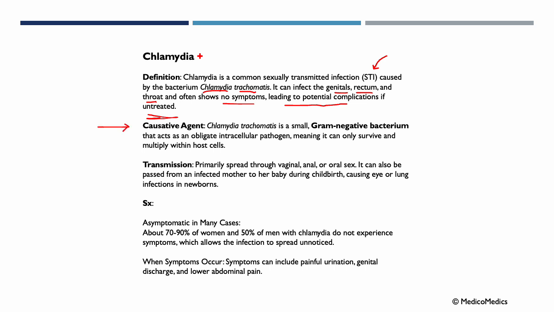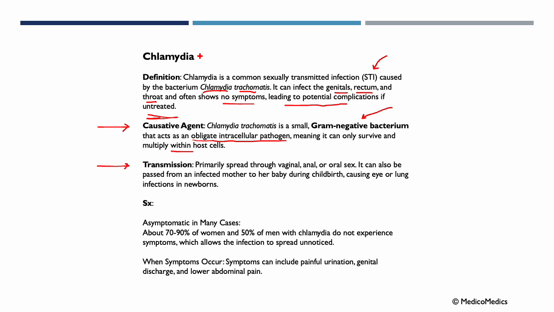So the causative agent is Chlamydia trachomatis, and it is a small, gram-negative bacterium that acts as an obligate intracellular pathogen, meaning it can only survive and multiply within the host cells.